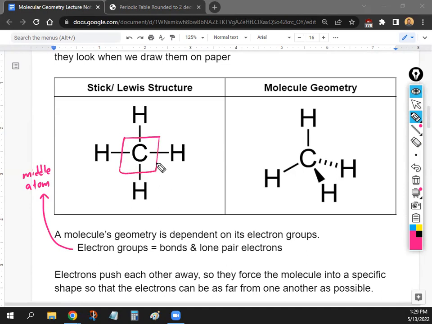So the middle atom is C. Now, if you take a look at C, how many lines do you see next to C? We see 1, 2, 3, 4 lines. That means that there are 4 bonds. The bonds are based on the number of lines. So CH4 is going to have 4 bonds.